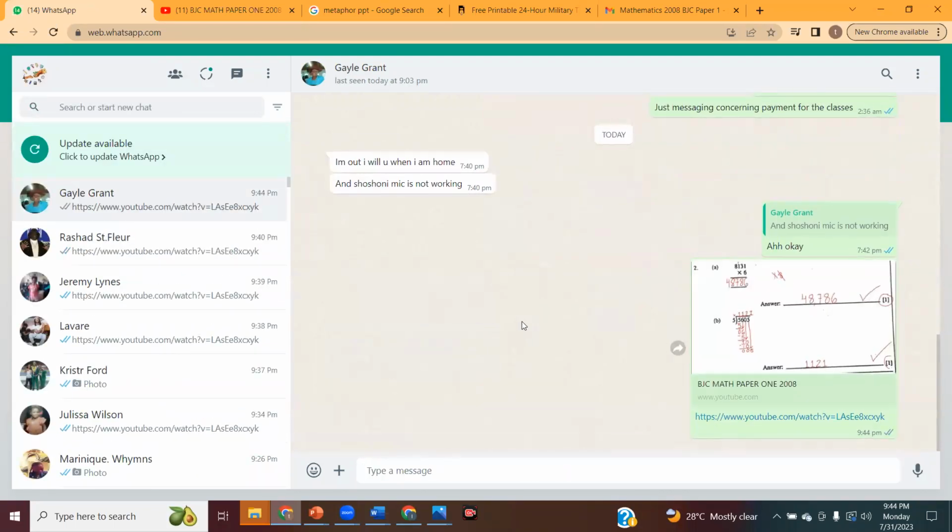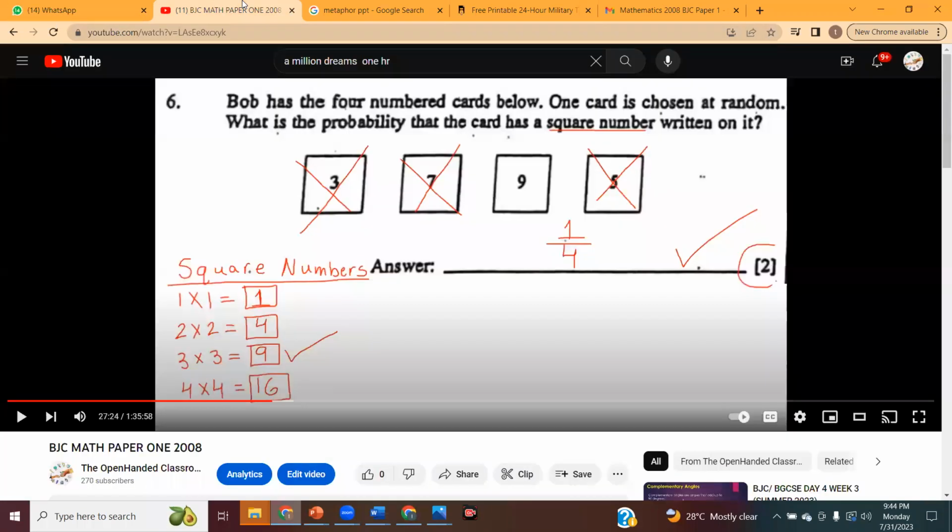Write down the questions as well as the answers, and complete it just like how I have it written down properly. Do you understand that? Shoshone, make sure it's submitted on or before 3 o'clock tomorrow. Do you understand that, Shoshone? Okay, so make sure you complete that and send it to me via WhatsApp.